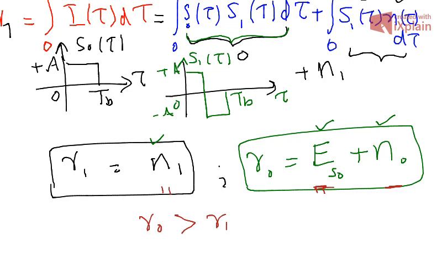We expect most likely R0 is greater than R1.